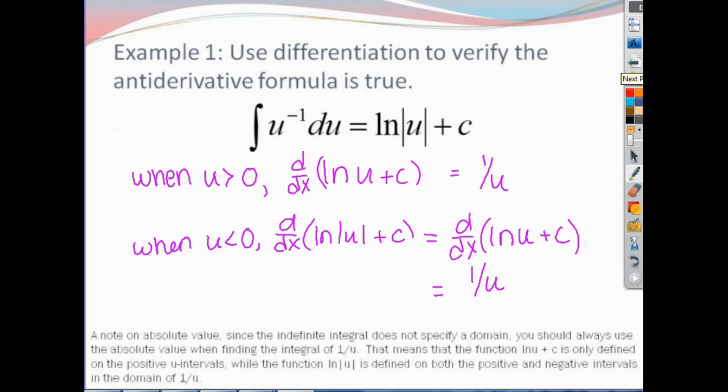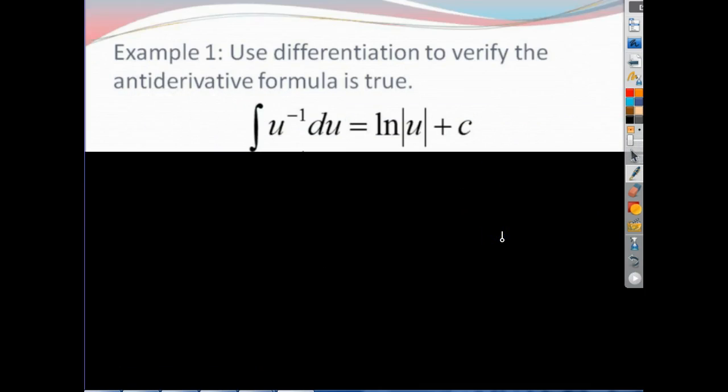So, using differentiation, we can verify our natural log. We've already hinted at this because we did some of those problems where you had u to the -1, and if you added 1 for your power rule, you got 0.